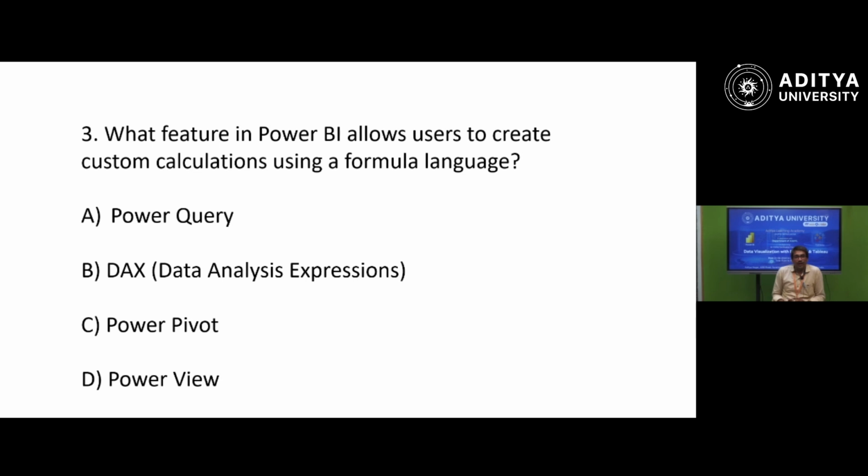Power Query is the one which is used for transforming your data, adding a column, etc. Your DAX is responsible for writing the complex expressions. That is, your custom calculations can be done using your DAX.